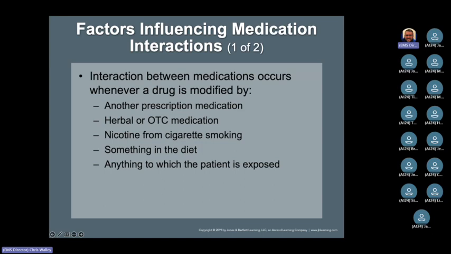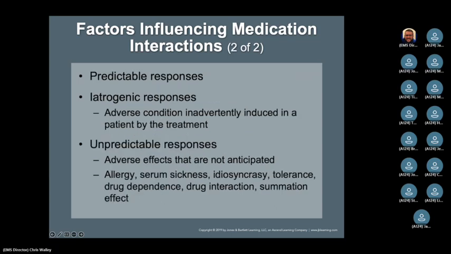So another prescription medication, herbal or OTC medications, something in their particular diet, and anything to which a patient is exposed. It's important to be aware of potential interactions between medications that are prescribed and those that the patient has been taking.